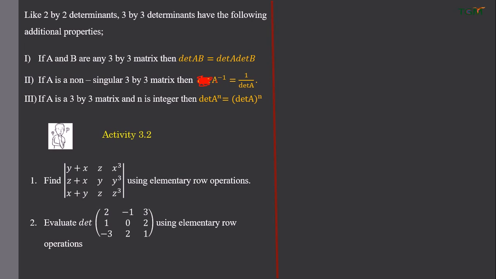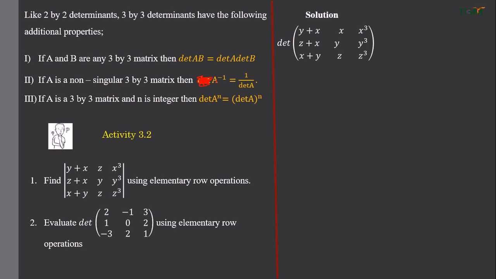Let's do this activity. We are finding the determinant of that matrix using elementary row operations. Let's do question 1. Elementary row operations are carried out in order to reduce a matrix to an echelon matrix.